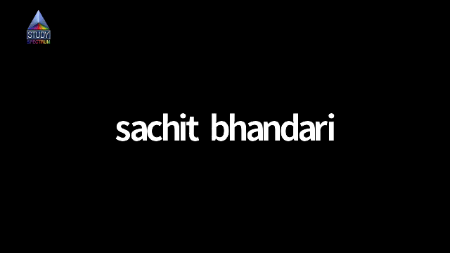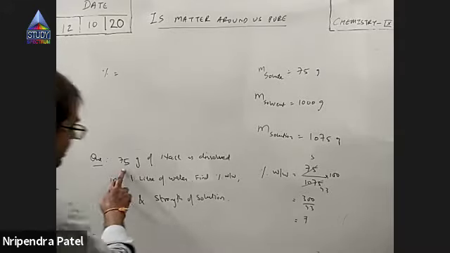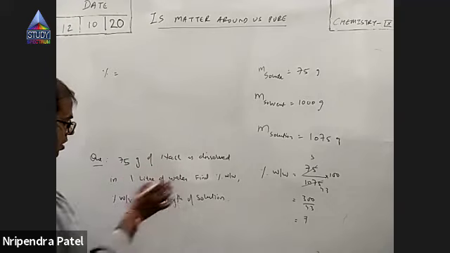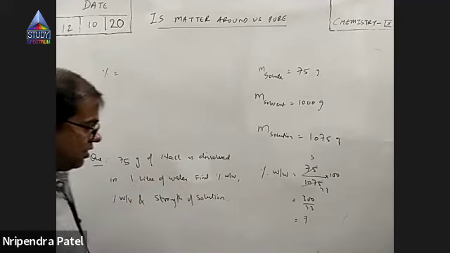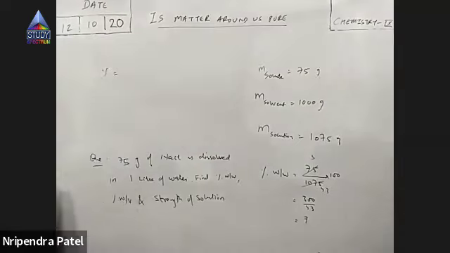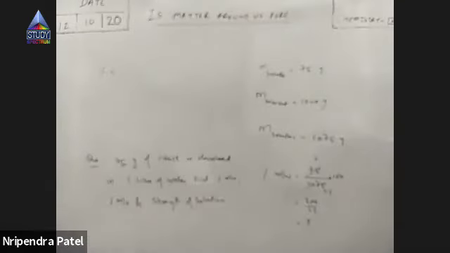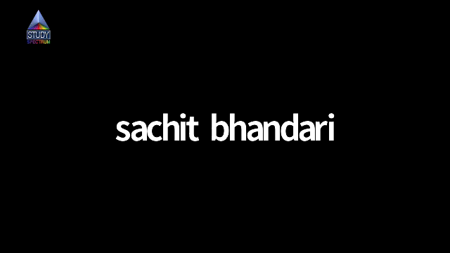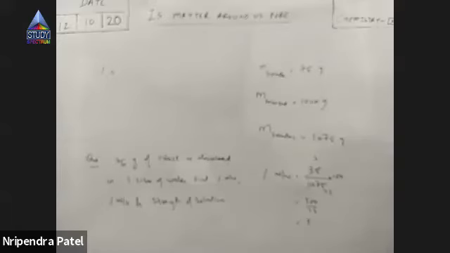Okay. See, 75 gram salt is dissolved in 1 liter of water. The volume of 1 liter of water is 1 liter, na? So the volume of solvent is how much? 1 liter. How many milliliters is 1 liter? Laksh, you just said it: 1000 milliliters.